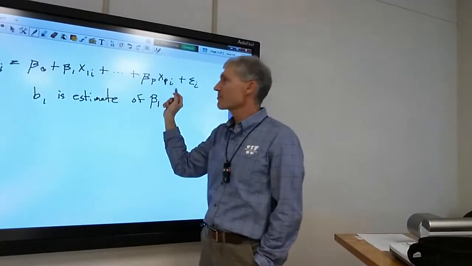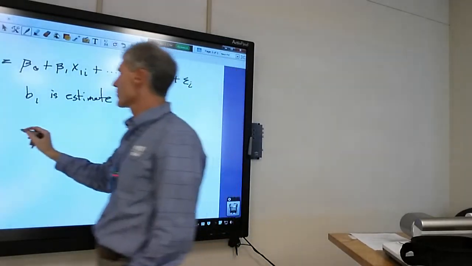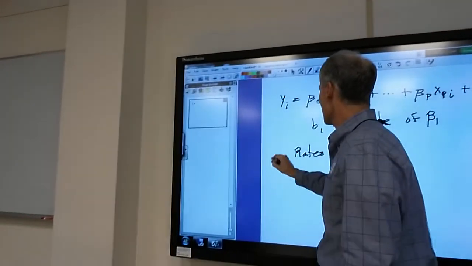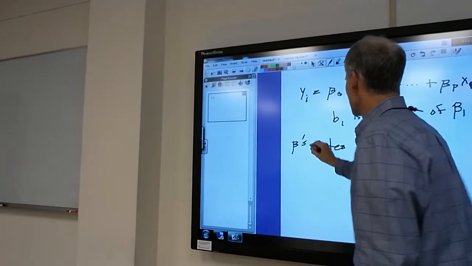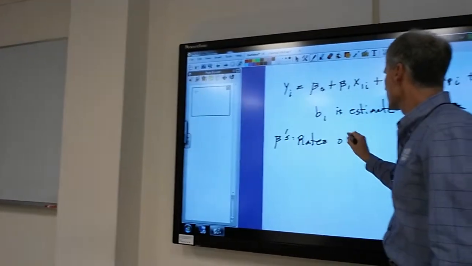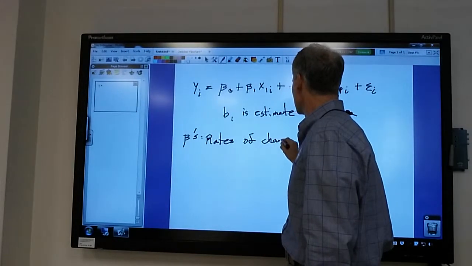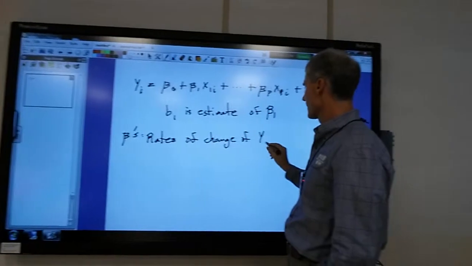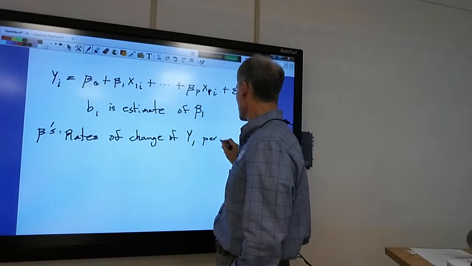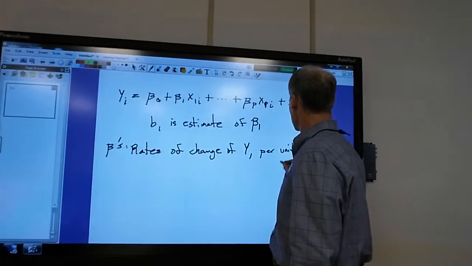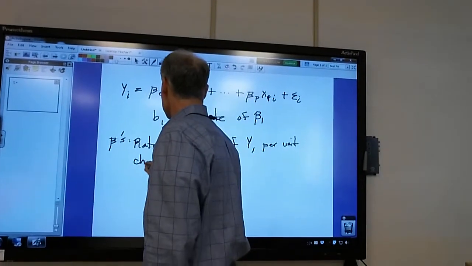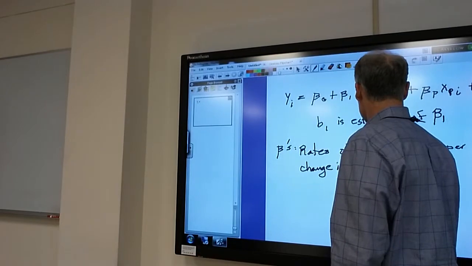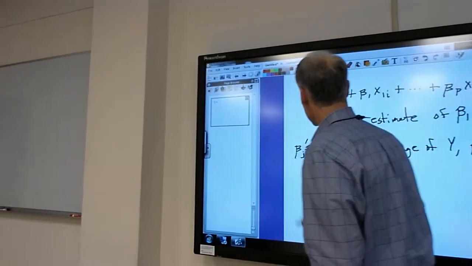But beta 1, all of the betas are the rate of change. So I'll write it this way. Betas are rates of change of y per unit change in x, I'll put a subscript of j.